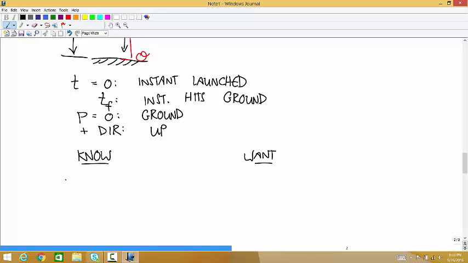Okay, so time final, we're given 3.5 seconds. Acceleration, it's free fall, so this is negative 9.81 meters per second squared. The position when time is equal to 0, P initial, is 5 feet. That's positive. And if you convert that, that is about 1.5 meters.